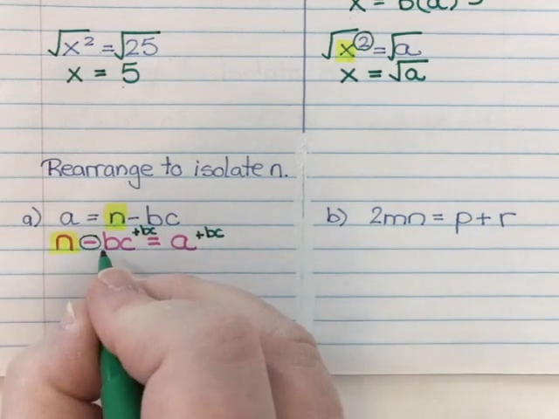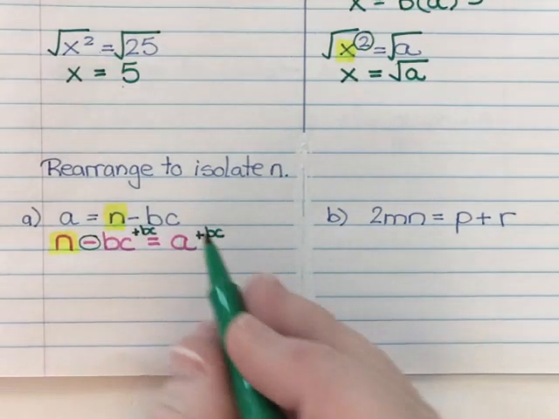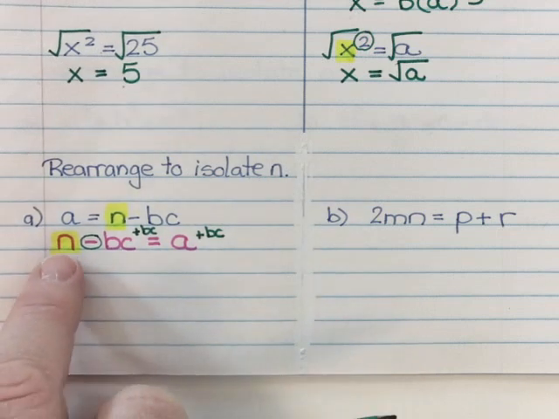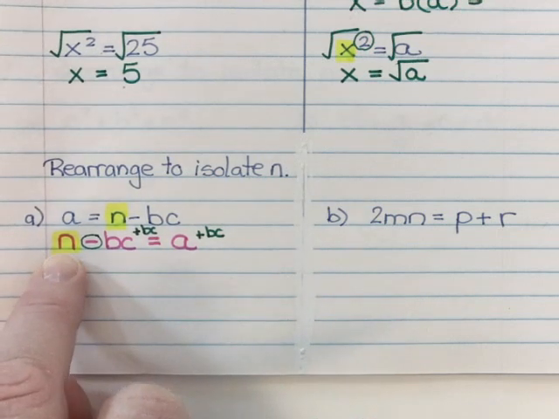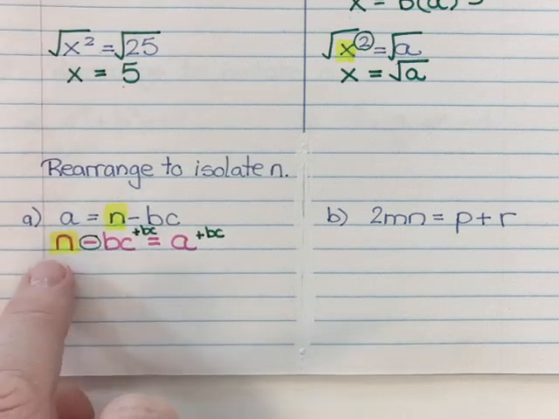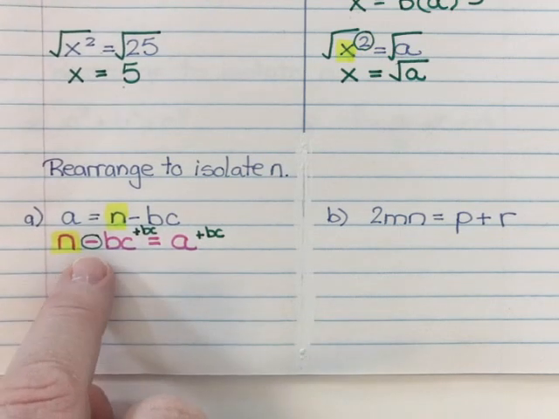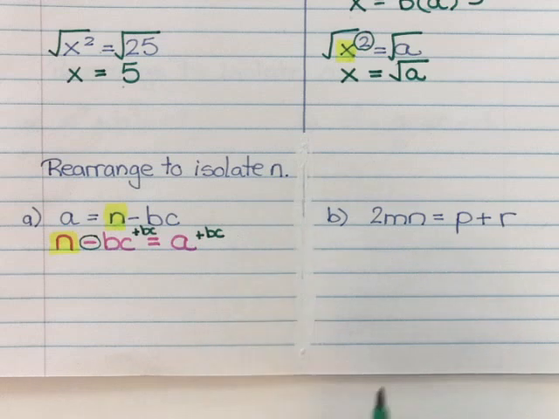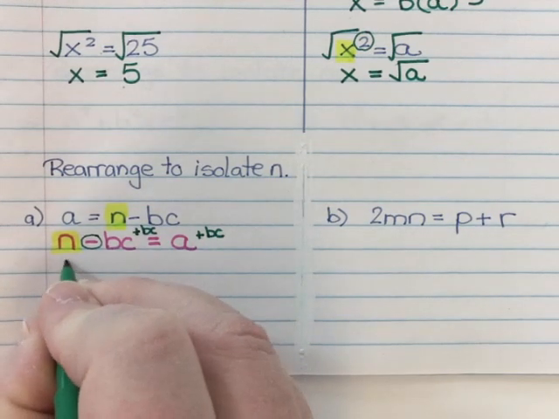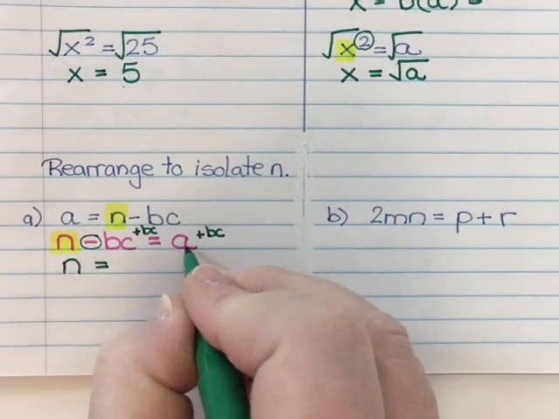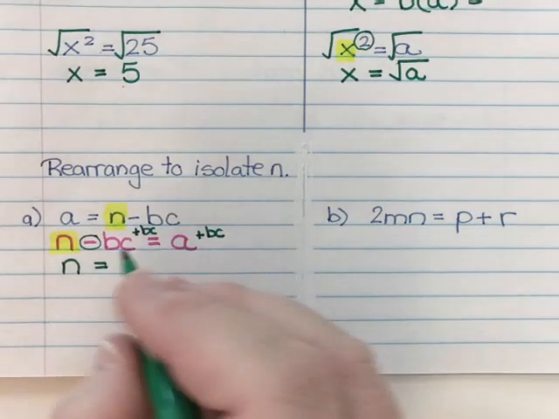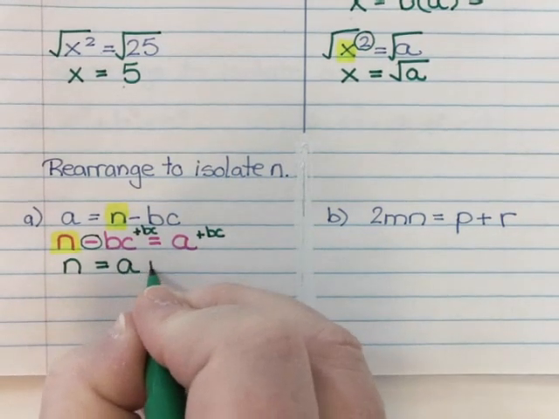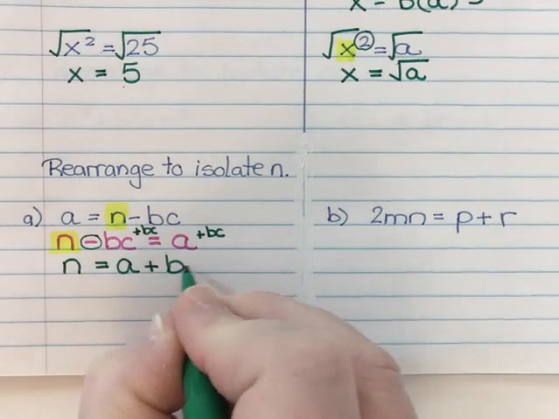So even though there is multiplication, I'm not doing any division. All I'm doing is I'm looking at the letter that we're trying to isolate and then what operation is it doing with that letter. And we are subtracting. So we're going to do the opposite and add. So I get n equals a and bc, not like terms. So it's just a plus bc.